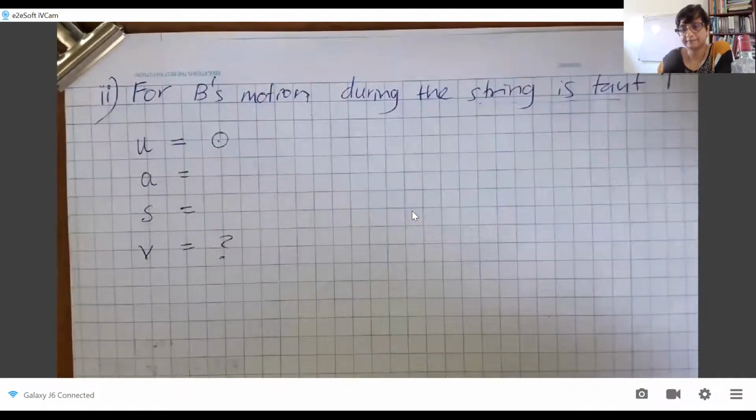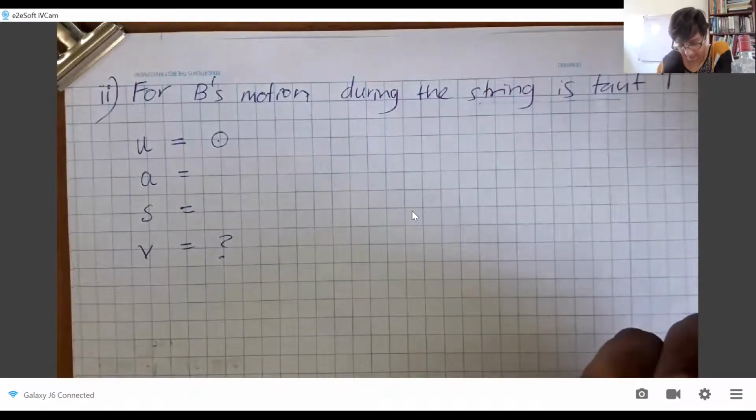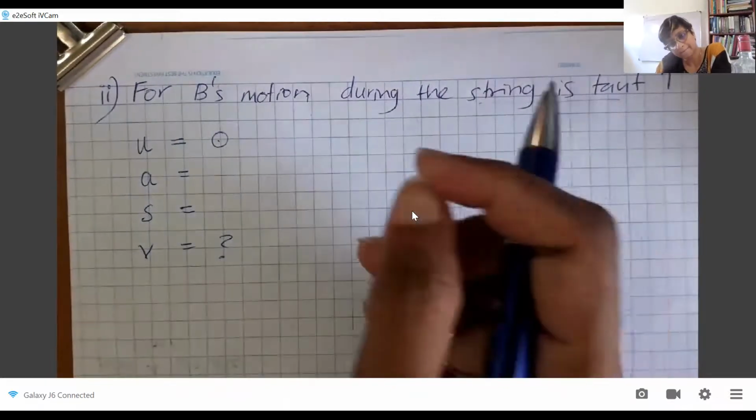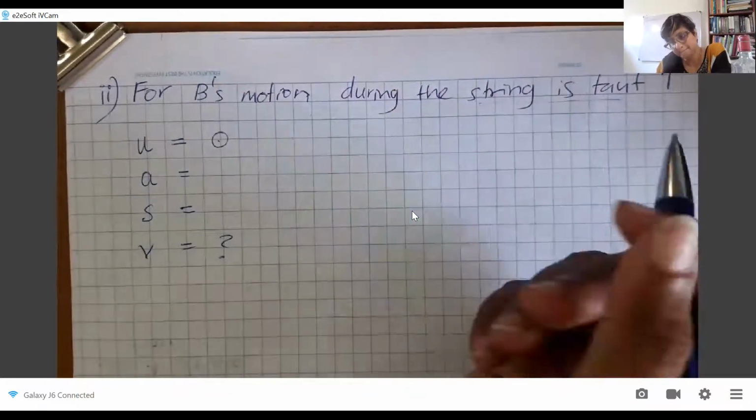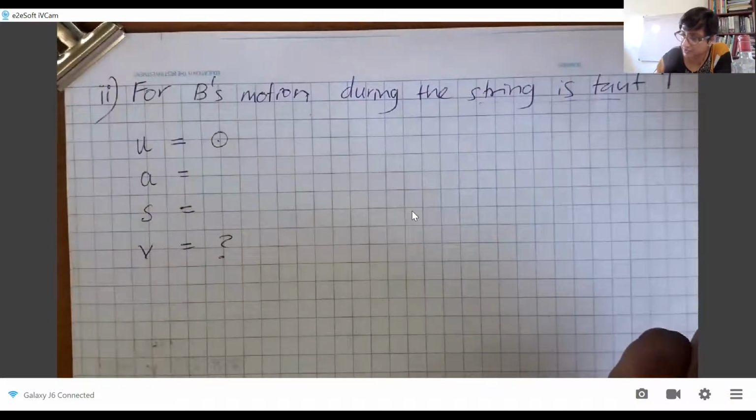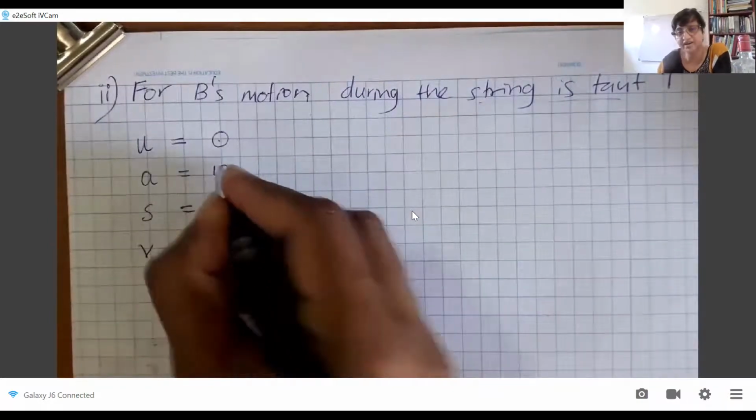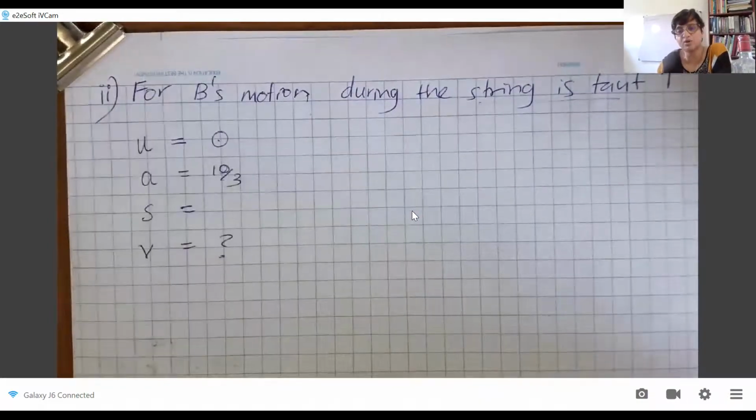What's A for that motion? 10/3. Good. Thank you, Tarindu. What's S? How far did it move during that time? 0.5.